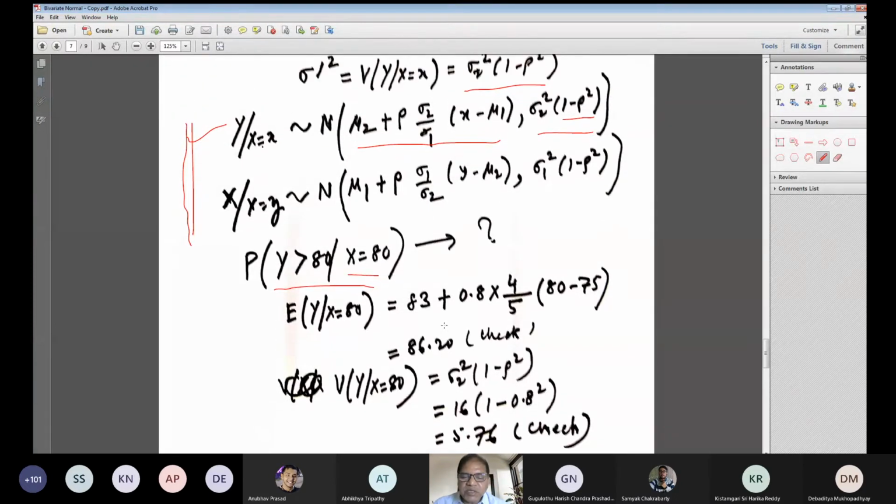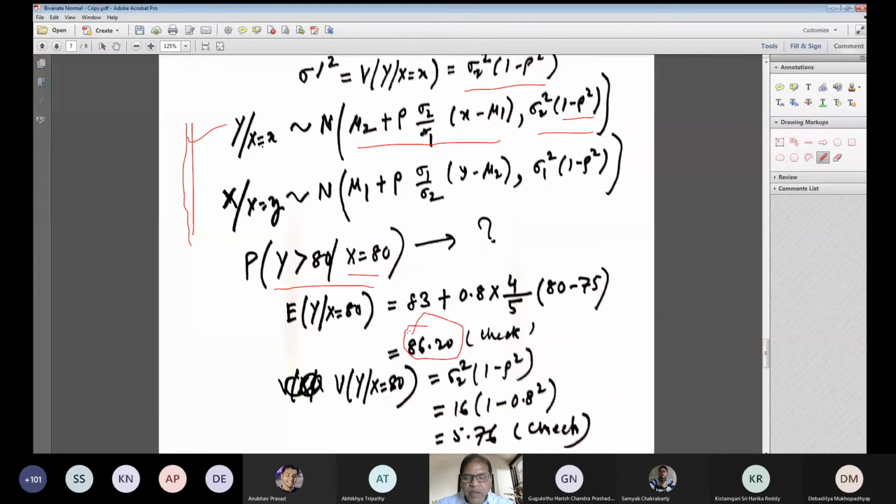Since all the information is given, mu2 is 83, rho is 0.8, sigma 2 by sigma 1 is 5 by 4, x minus mu1: here it has been specified that the conditioned value of x is 80, and mu1 was 75.